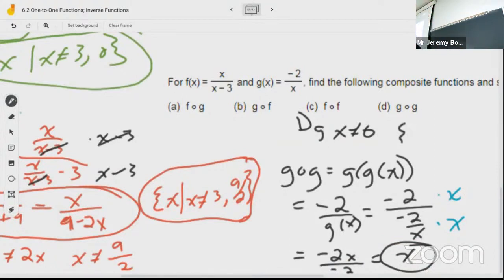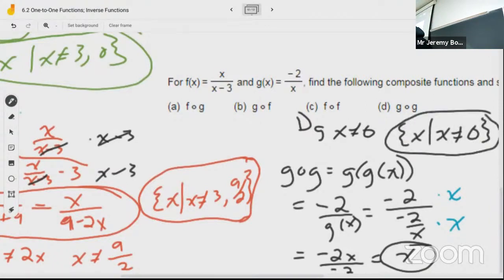And so the domain of my composite function is x such that x can't equal 0. That's interesting. Any questions on that?